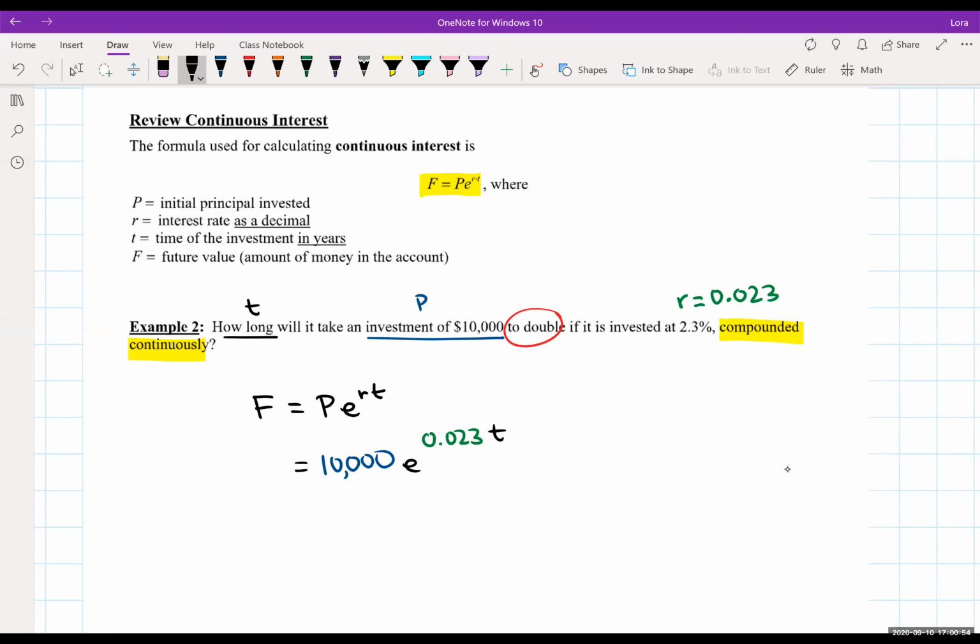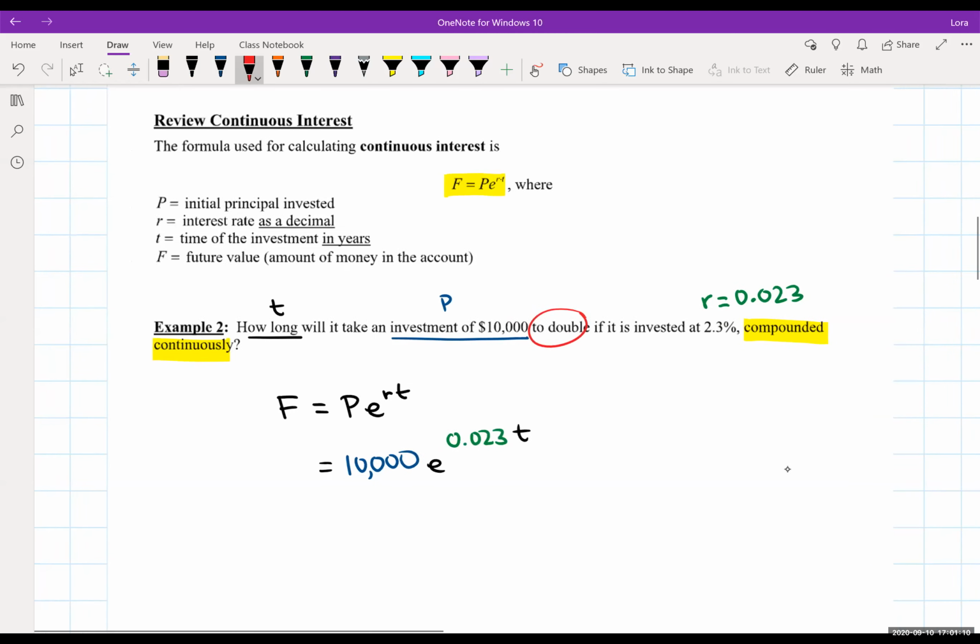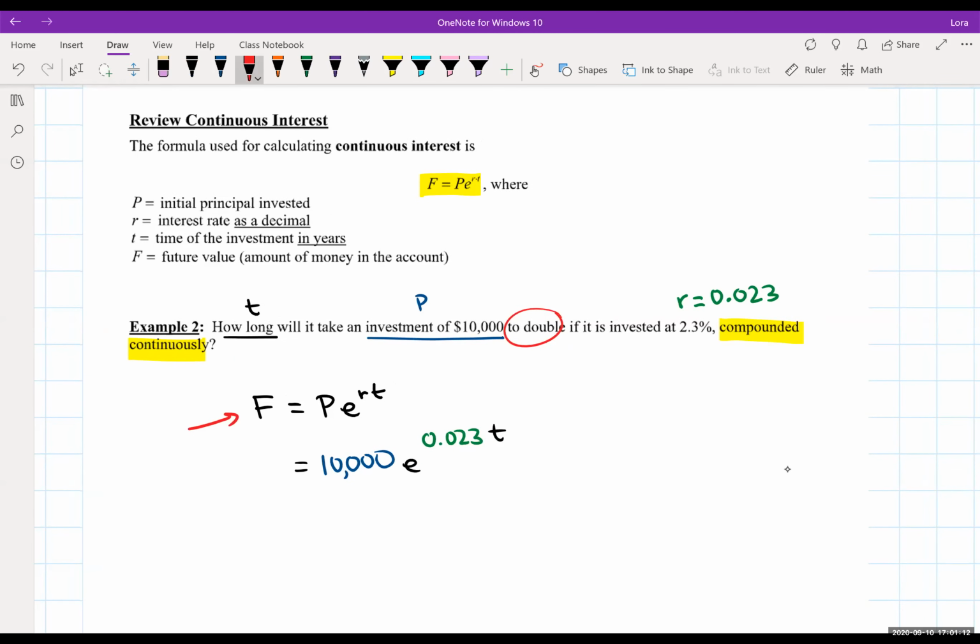So that implies that there is a value for future value, F. They didn't straightforwardly give it to us, but in a sense, they wanted us to think a little bit.